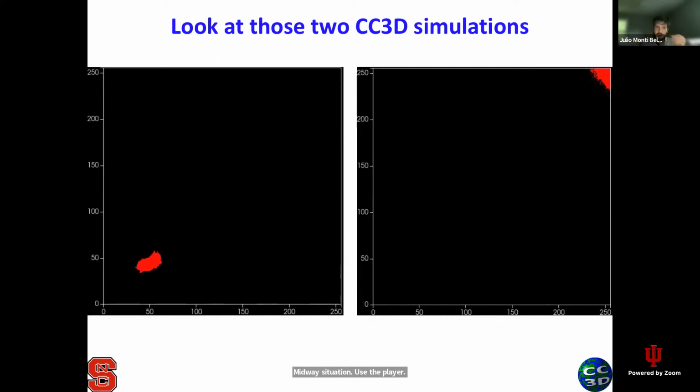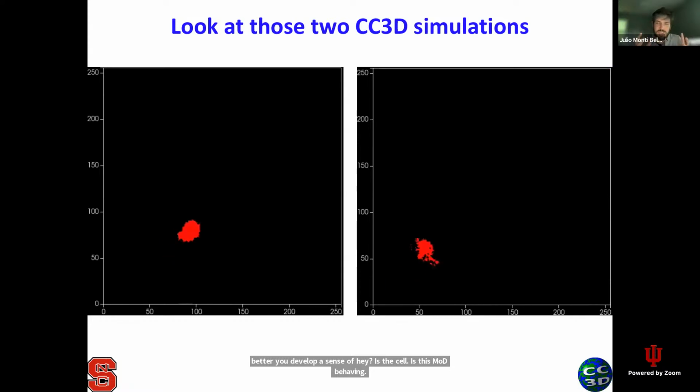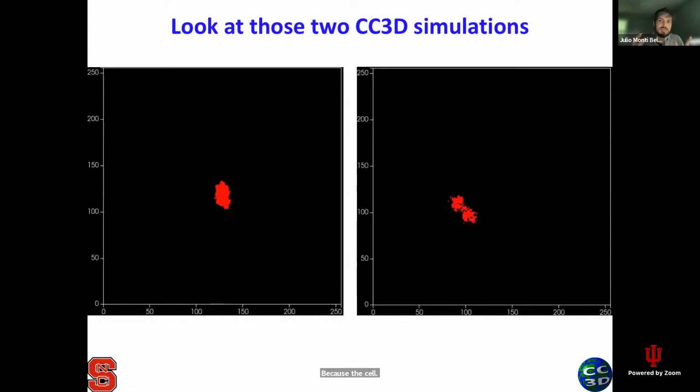And the more you play with those parameters and the more you look at how the cells are behaving with your eye first, the better you develop a sense of, okay, is this model behaving in a sensible way or not? Because your model may be giving the correct metric output that you want, but sometimes when you look at the simulation, you may be scared about what the cells are actually doing.